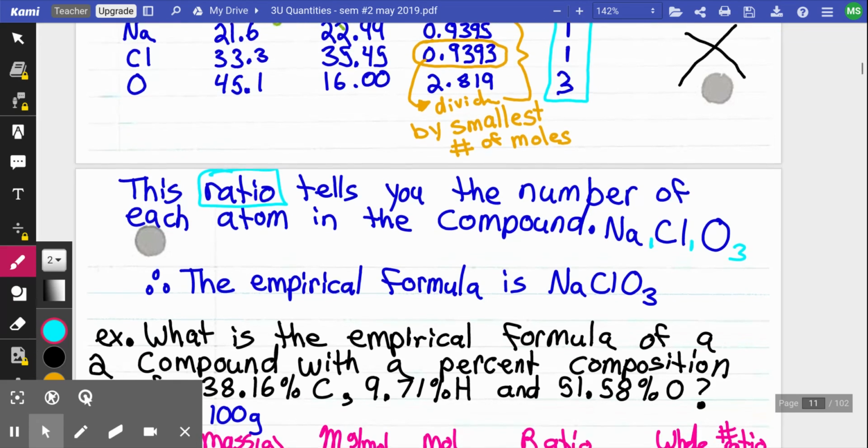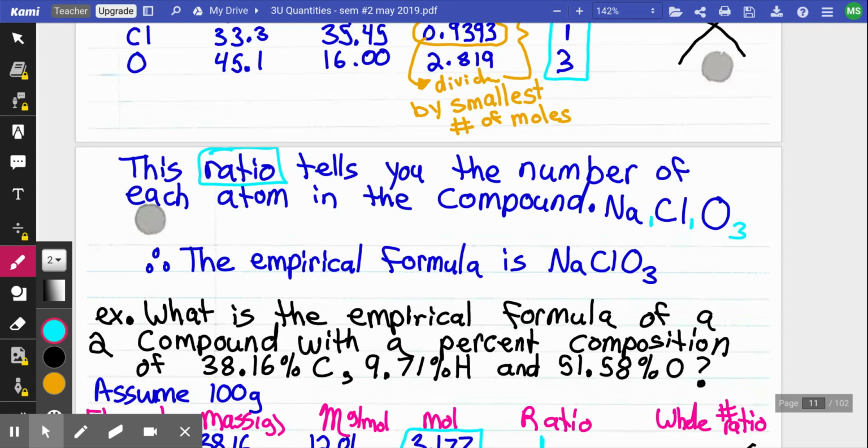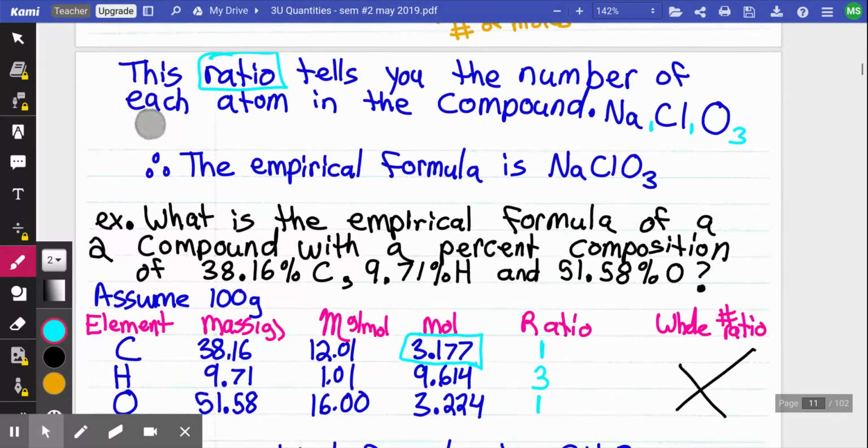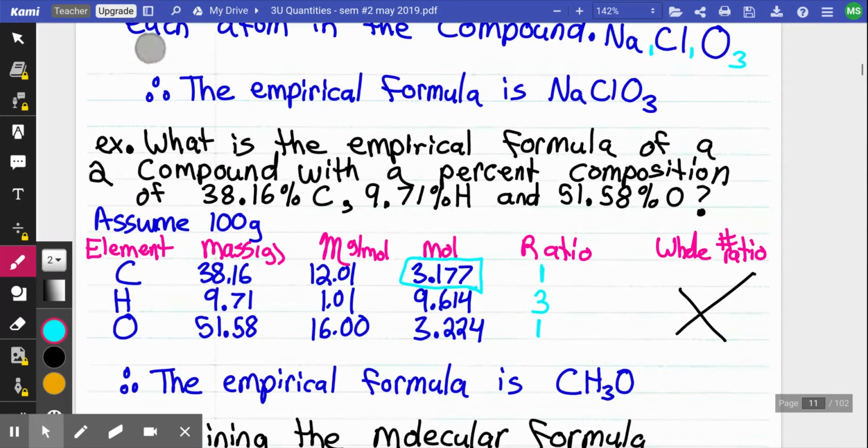All right, our next example is asking, what is the empirical formula of a compound with a percent composition of 38.16% carbon, 9.71% hydrogen, and 51.58% oxygen? Okay, so I'm just going to show you the solution here to save us a little bit of time.